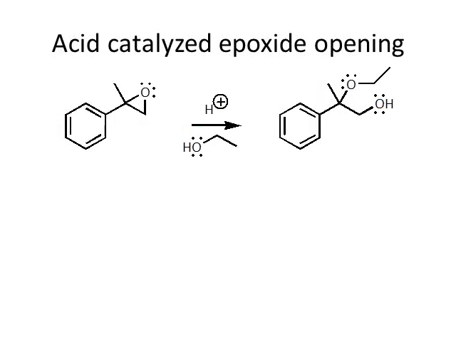On the other hand, if we took the exact same epoxide and we treated it with acid and ethanol, we again would break open the epoxide, making an OH and adding this nucleophile. But we get the opposite regioisomer. What's happening here?